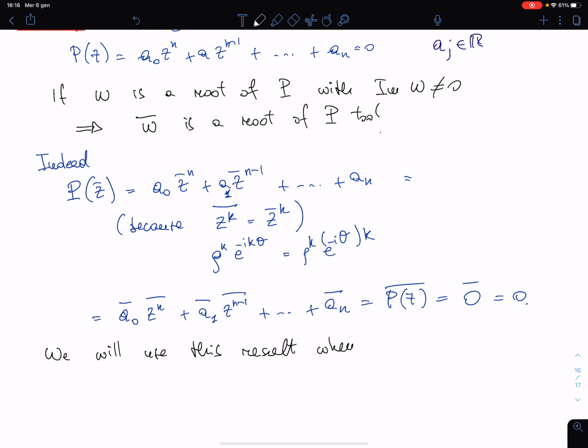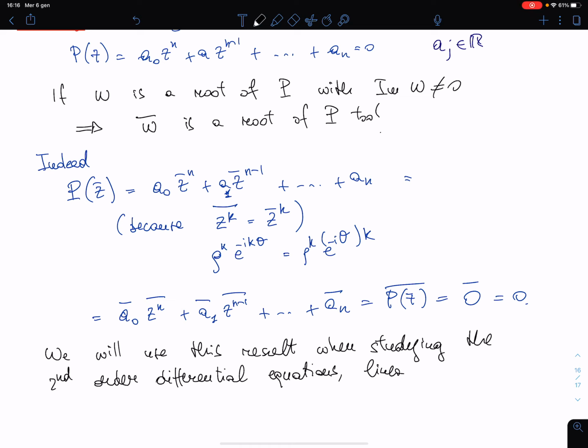We will use it when studying second order differential equations that are linear and with constant coefficients.